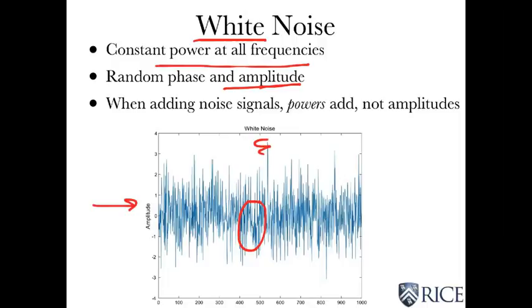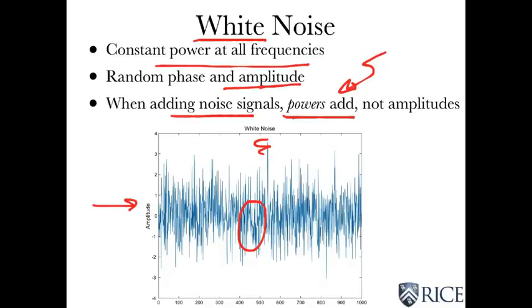One special property that noise signals have is that when you add two noise signals together, their powers add, not their amplitudes. We're going to see this in more detail in just a second, but this is a very important property of noise signals, not so much for regular, non-noise signals.